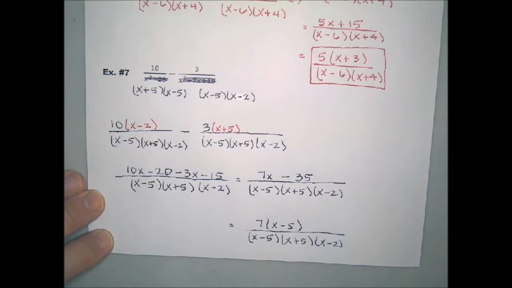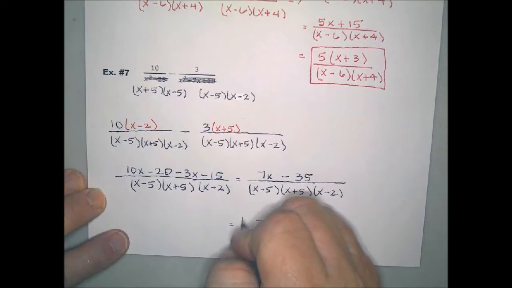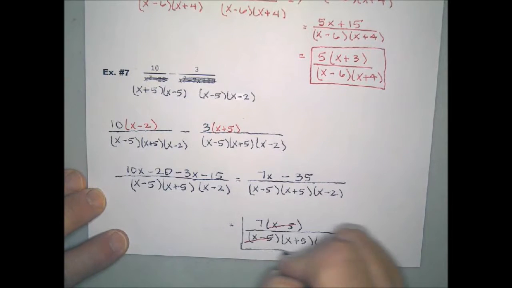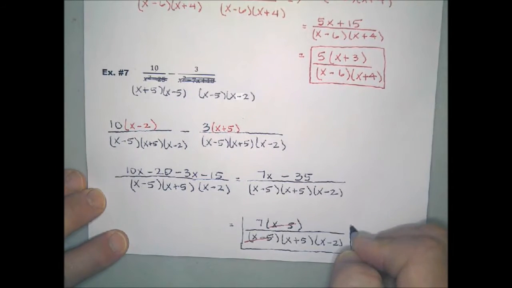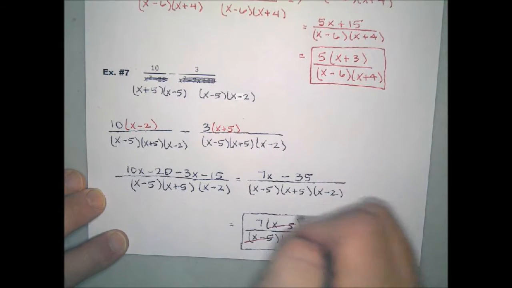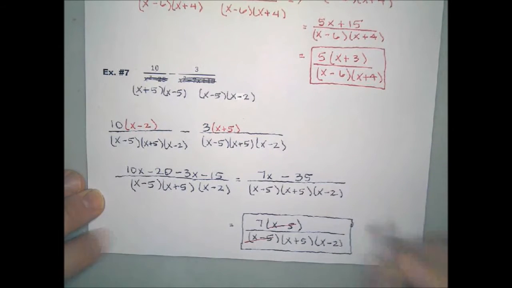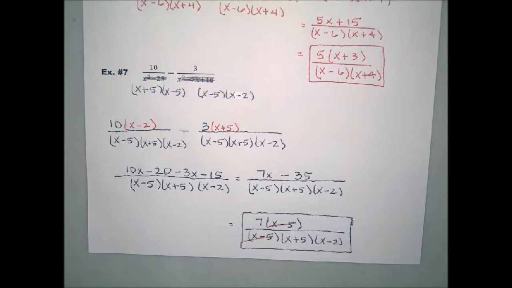And notice we've got some x minus 5 that can cancel. And that's your final answer. After those x minus 5s reduce each other to 1, there's your final answer: 7 over x plus 5, x minus 2.